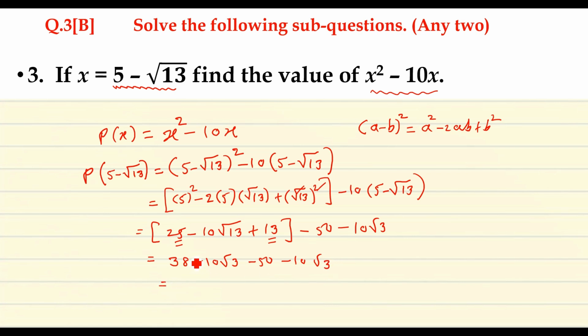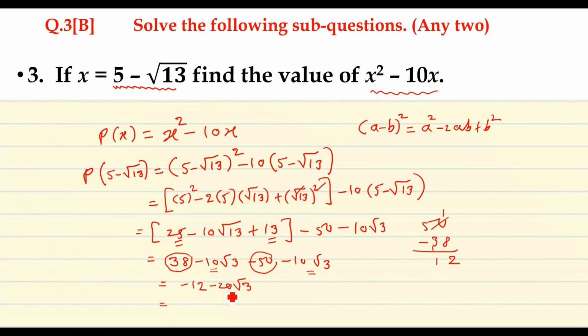So 38 and minus 50, if you subtract it, that is 50 minus 38, which is 12. So this will be minus 12 minus 10 root 13 minus 10 root 13, that is minus 20 root 13.